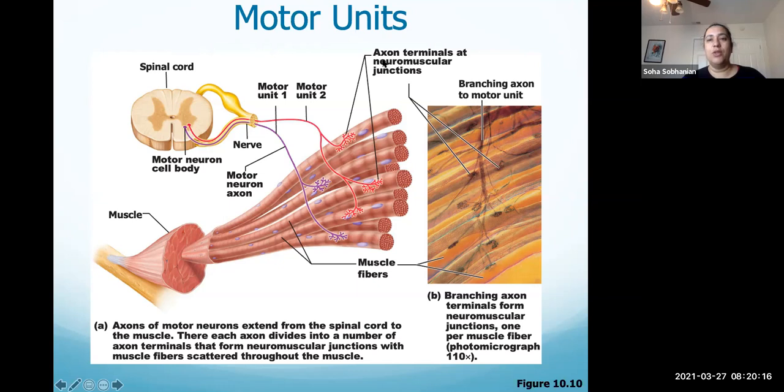When you think about your muscles and facial expressions, do you think your facial expressions are very fine or very generic? Are they fine movements or generic movements? They're fine movements, right? So we actually call them micro expressions.